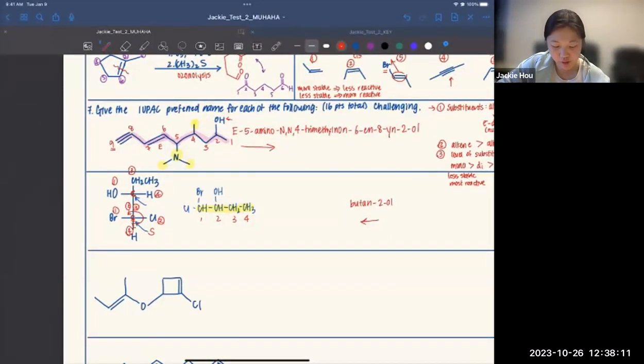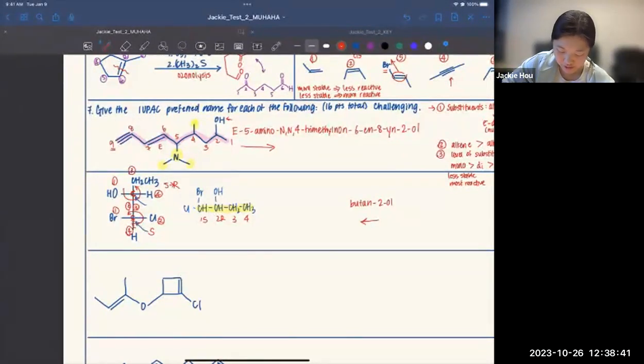And so I can see that my lowest priority group is on a horizontal line, so I'm going to have to reverse my stereochemistry once I look at my apparent one. Okay, so this is going to be 3. And that seems like it's S, but it's actually going to be R. So I know that the one with the OH is going to be R, and the one with the Br and the Cl is going to be S.